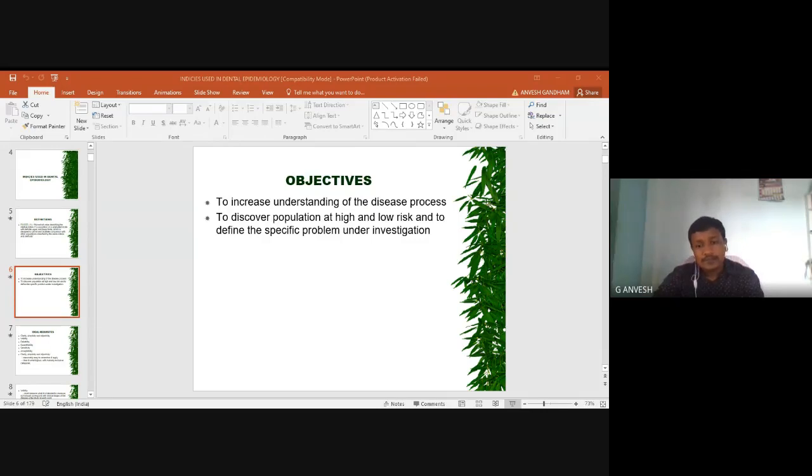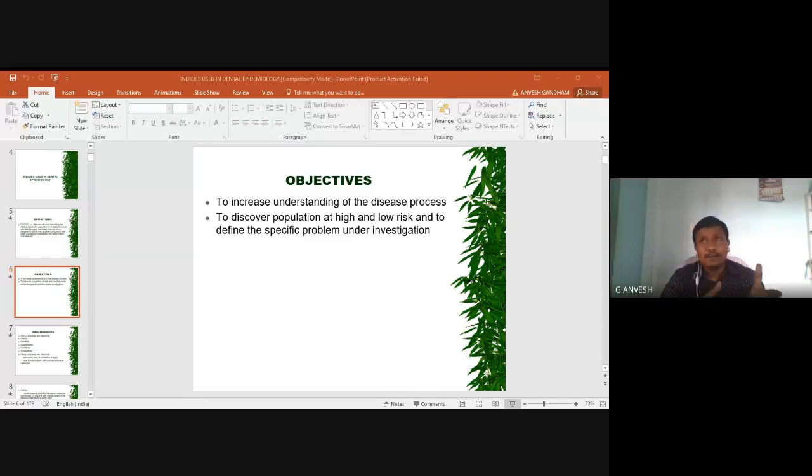The third classification is according to the entity which they measure: we have disease index, symptom index, and treatment index. Under special categories, we have simple index and cumulative index. The simple index tells whether the condition is present or absent, like gingivitis present or absent, or dental caries present or absent.